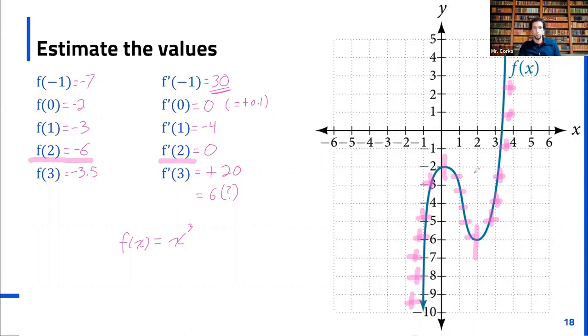Where are they negative? And then where are they 0 at those two turning points? That's as accurate as we need to be for estimating the values of the slopes. That will be enough to let us see what's going to happen with our second derivatives and stuff.